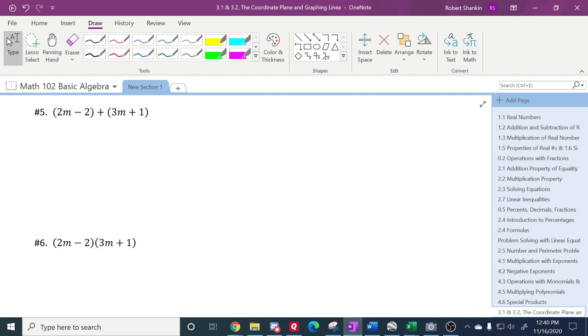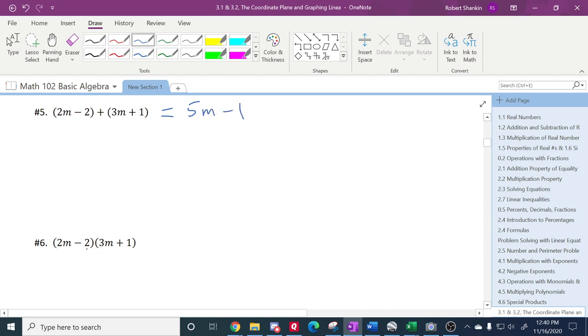Okay, so 5 and 6 look a lot alike, but they act totally different. Because we think of what's in parentheses as one item. Here, the two items are added together, two separate terms. Here, they're multiplied, all one term. So it's incredibly different. And this one is, the parentheses don't do anything. You just drop them, add the like terms. 5m minus 1.